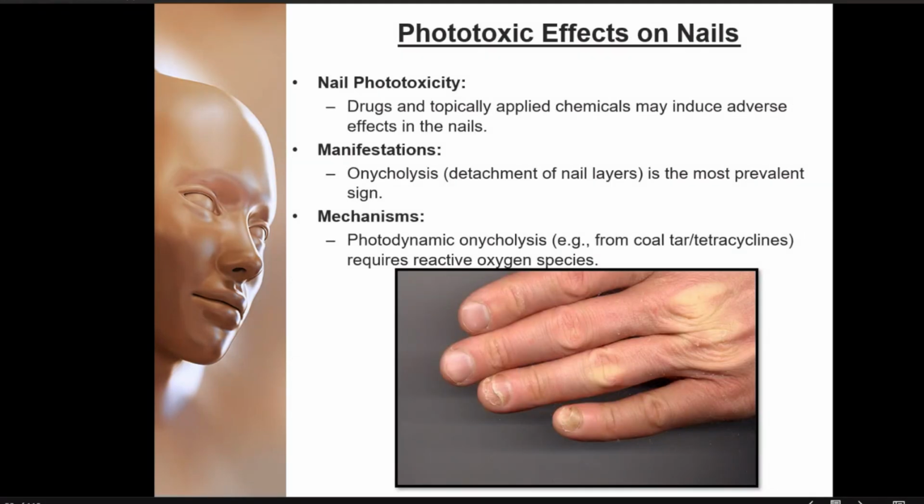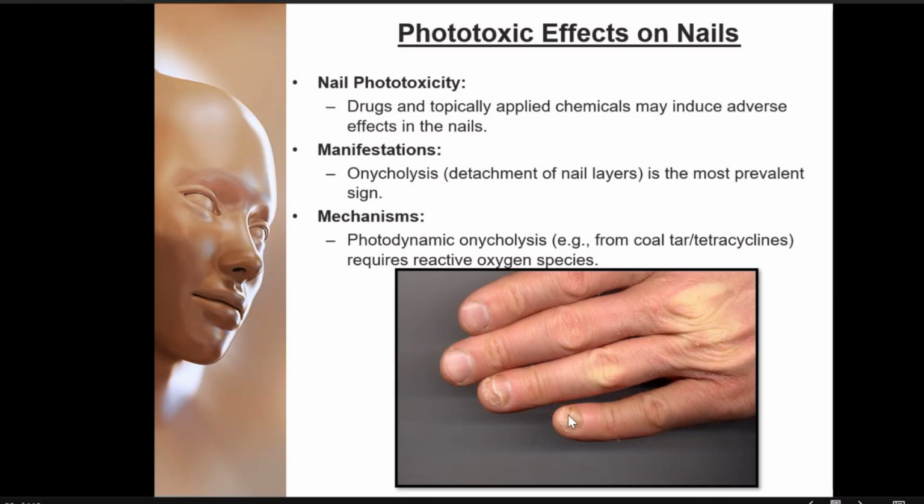Phototoxic effect on nail. Nail phototoxicity: drugs and topically applied chemicals may induce adverse effects in the nail, like onycholysis, detachment of the nail layer, which is the most prevalent sign. Here you can see the detachment of the lower layer of this nail.